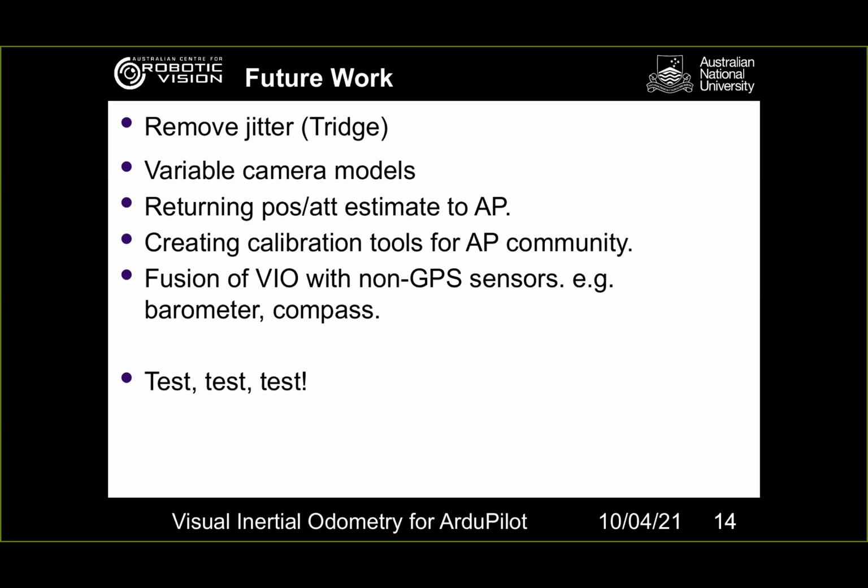Then, as I mentioned, the calibration is quite challenging. Well, the camera intrinsics are easy. The IMU noise is easy. But the measurement of the IMU to camera transformation is difficult. It really is.